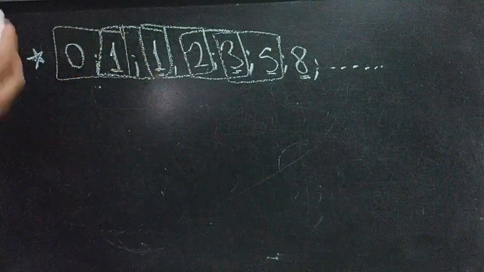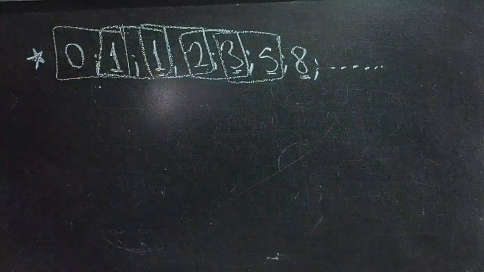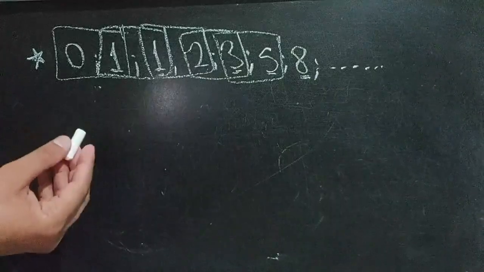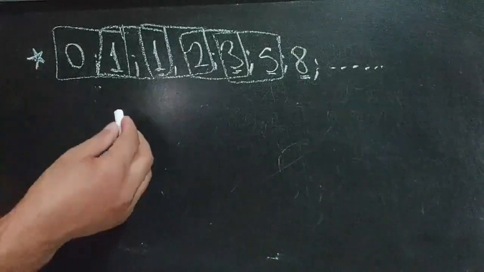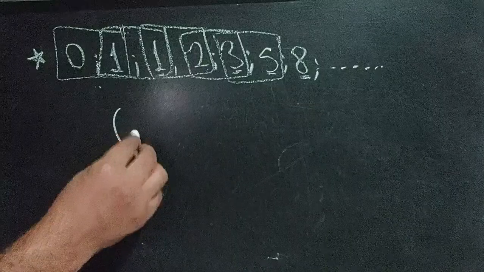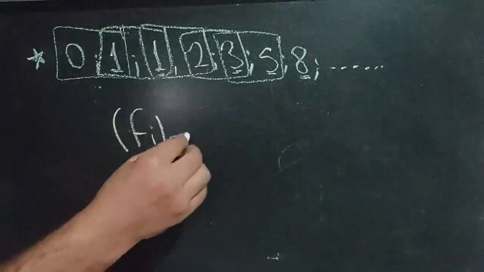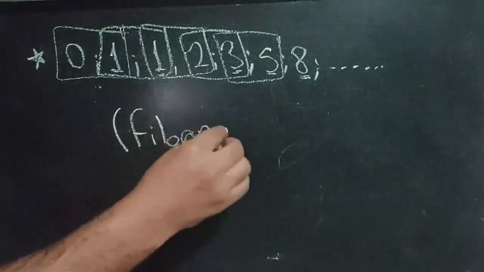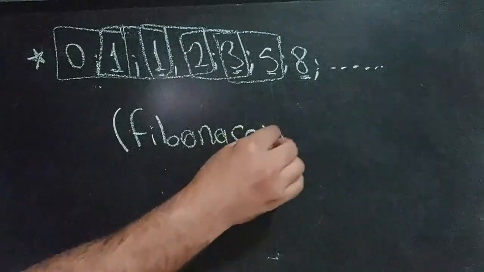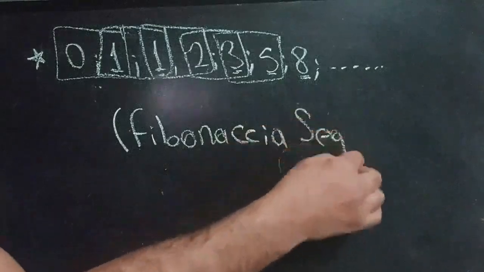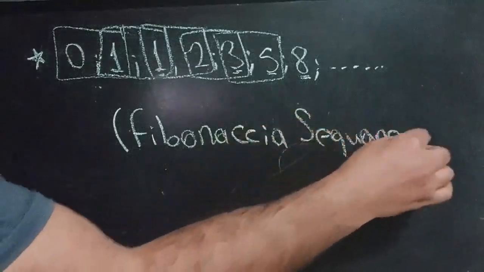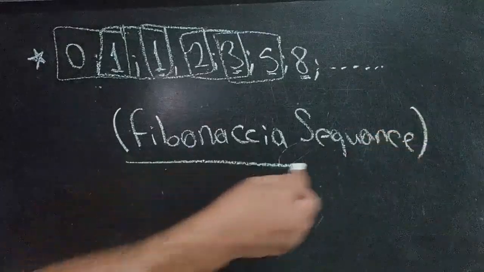All right, when you come across a sequence like this, it is called the Fibonacci sequence. This is a very special sequence.